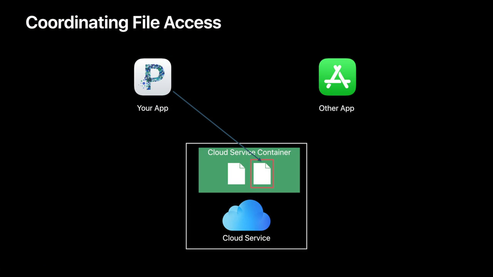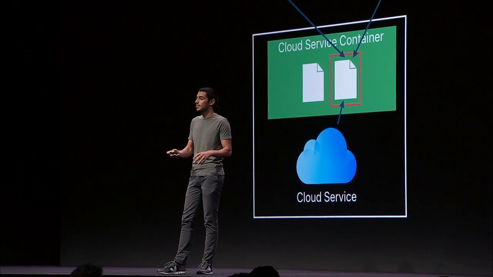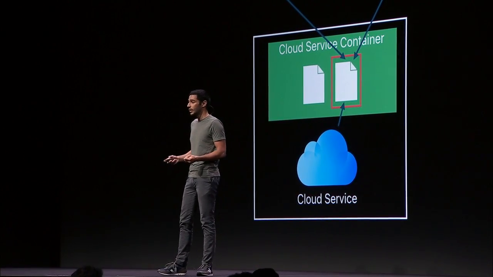Great. Now we know how to gain access to our documents. We can go ahead and pick that document, like the particle image in our example, and start accessing it. As you can see here, the cloud service that is hosting this document, as well as other apps, also can access this document, and sometimes concurrently with your app. What we need here is a system-wide mechanism to make sure that access to this document is always coordinated, so that processes don't go stepping on each other's feet, accessing, reading, and writing to this document.